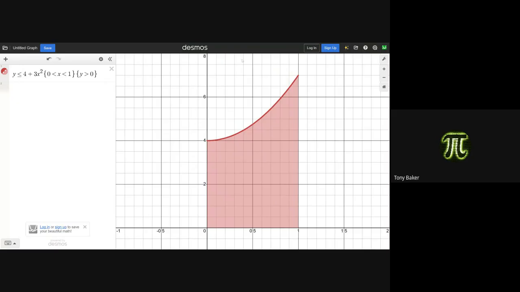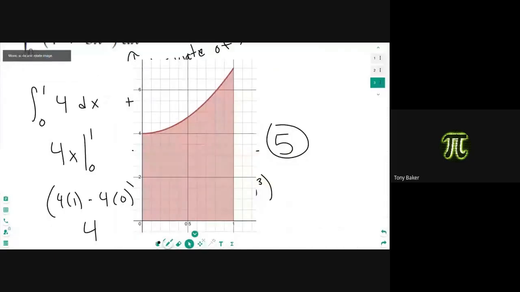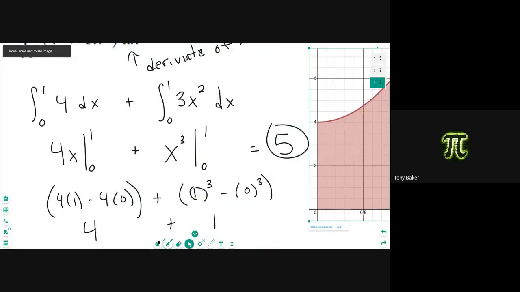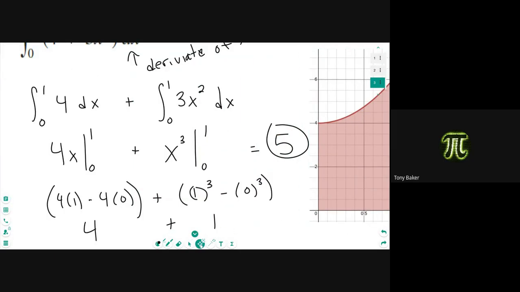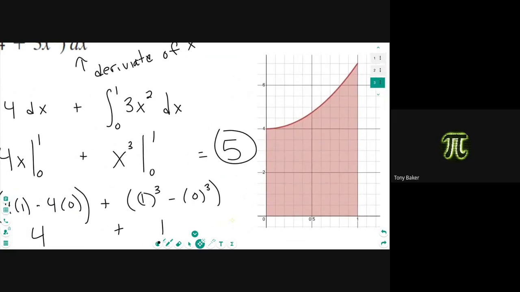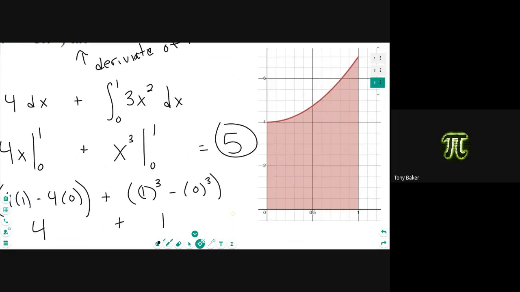So when we're looking at that definite integral, that piece right there, that's the 4. And this piece right there, that's the 1.